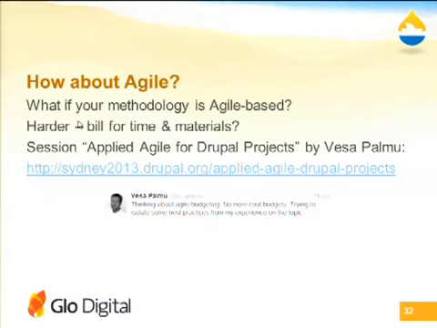I also saw a tweet today from Justin Freeman, Agileware in Canberra, at the Drupal shop down there. He suggested maybe you charge by the sprint. So if you have a week sprint with 3 developers, potentially charge by the sprint. It sounds like a pretty good idea.